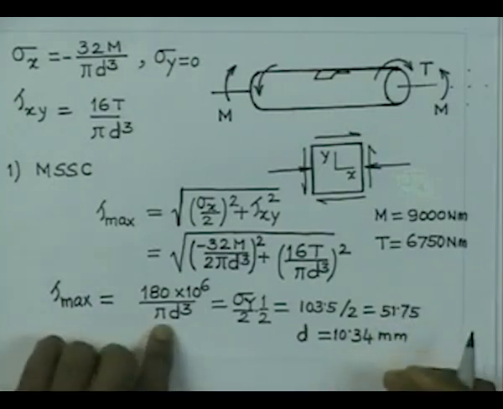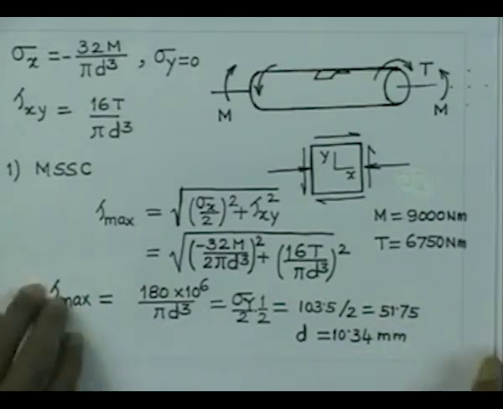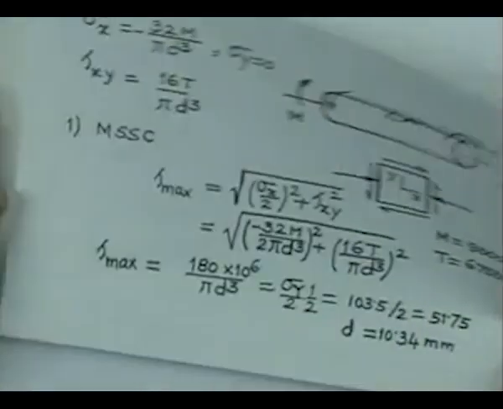So, therefore, you have the opportunity of getting d as 10.34 millimeter.